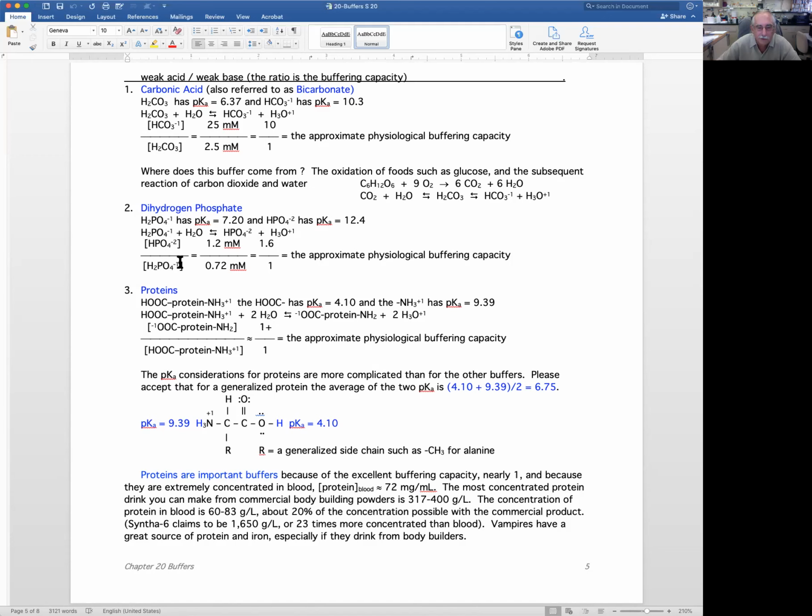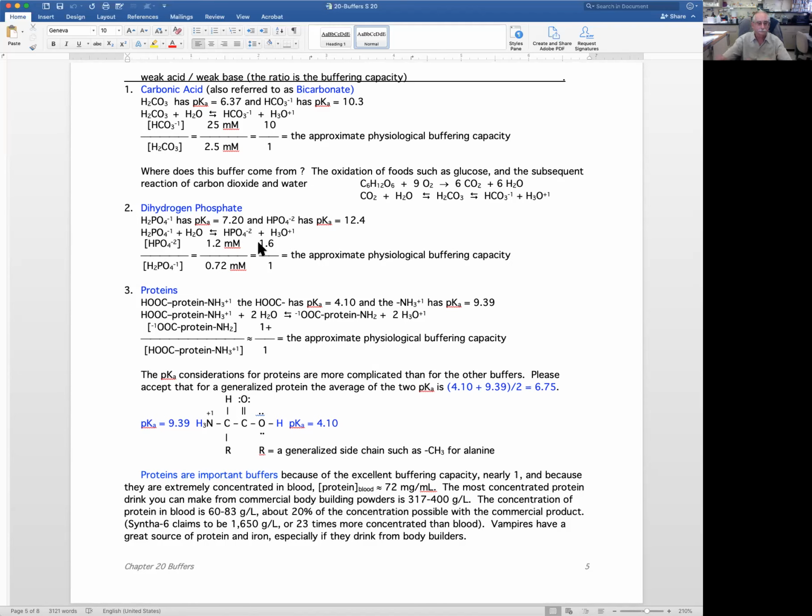This ratio here is still pretty high. It's about 1 or 2 to 1. And so in the body, dihydrogen phosphate is an extremely important buffer. This is one of your electrolytes, and one of the reasons why you need very good electrolyte balance.